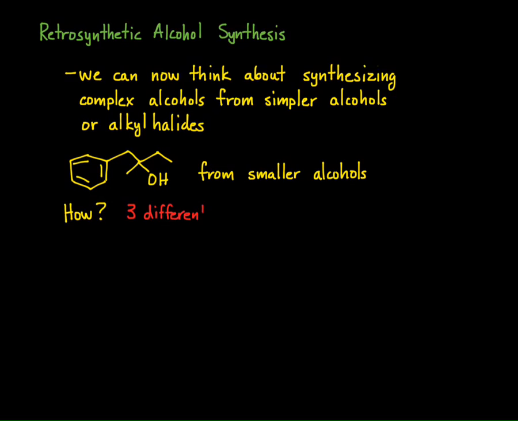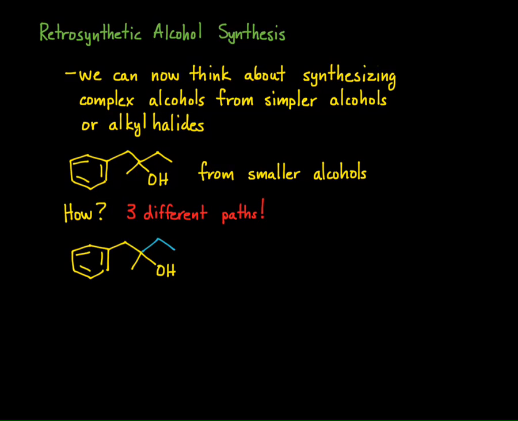And the answer is there are three different pathways that are possible and probable. Again, one of them may be better than the others because of the starting material that you're given to start with. So that's something to think about, and we'll look at some problems that deal with that.